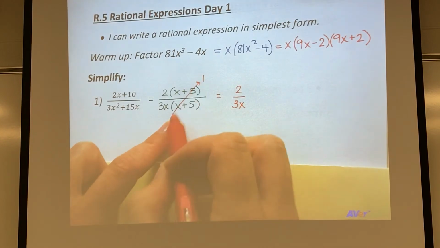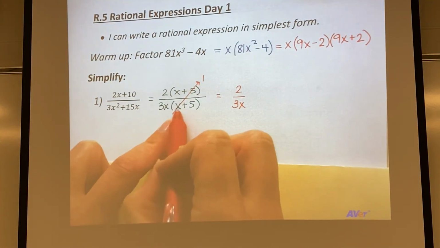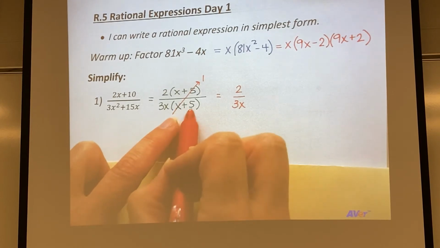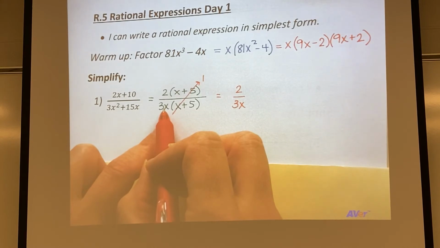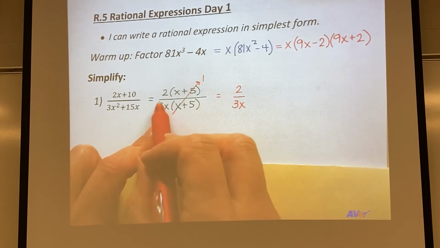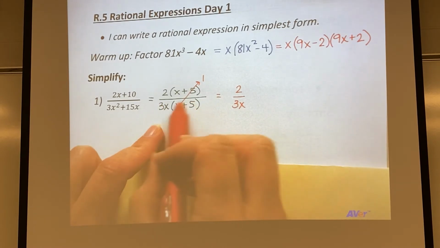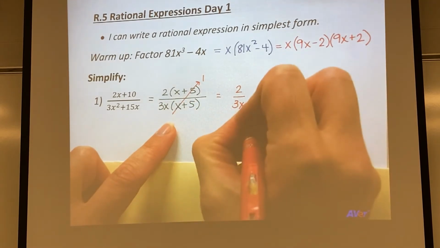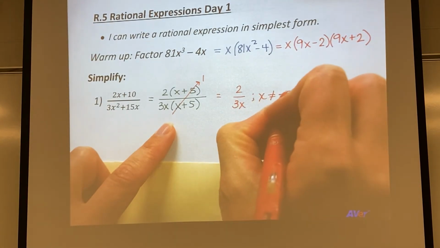So when you take this x plus 5 out, if we had put a negative 5 in here, negative 5 plus 5 would have given us 0. 0 times 3x would have given us 0. So negative 5 would have been a bad value for our fraction here. It would have made our denominator equal 0. So we want to say x cannot be negative 5.